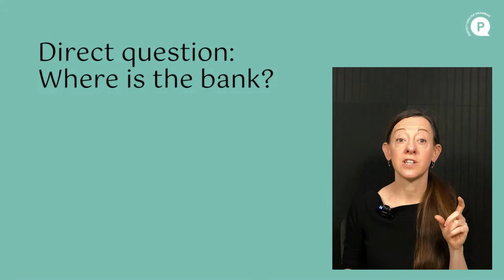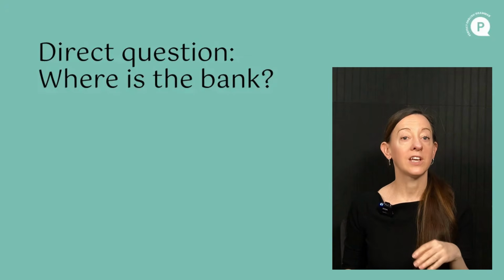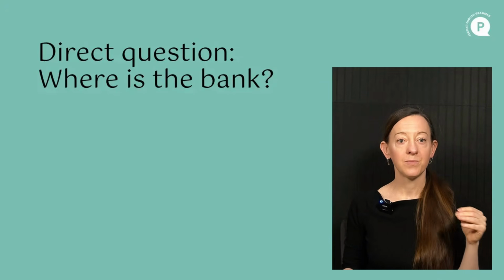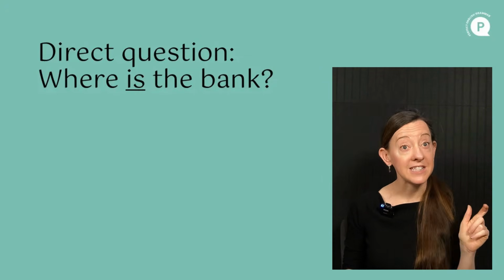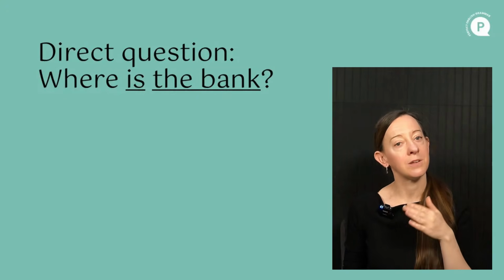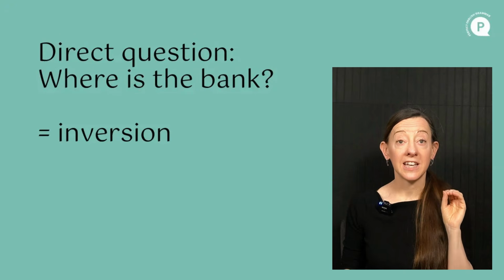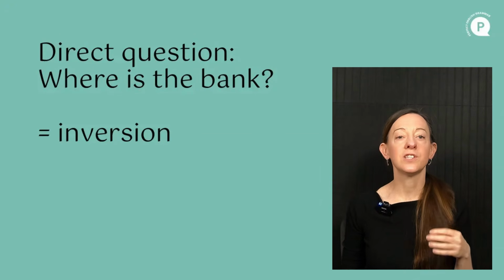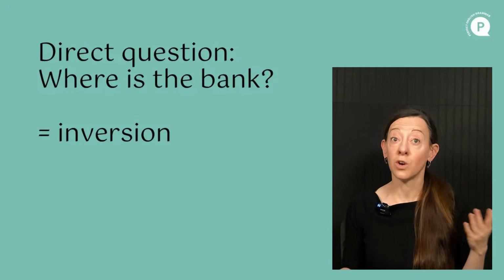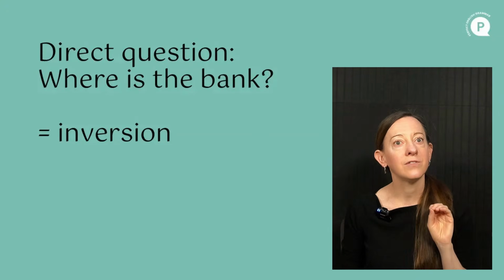So, with a direct question, this means a normal question, like, where is the bank? I put the verb is before the subject, the bank. This is called inversion, and it's used to make direct questions, normal questions, in many verb tenses in English.